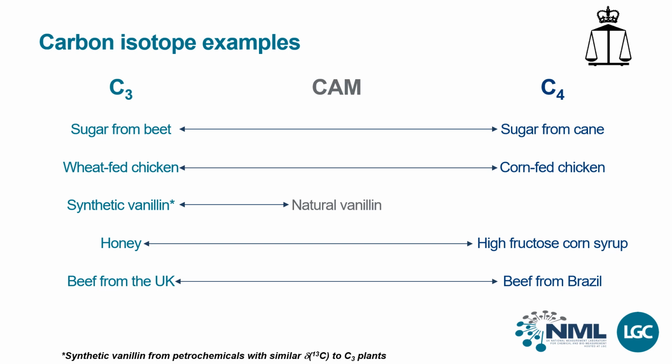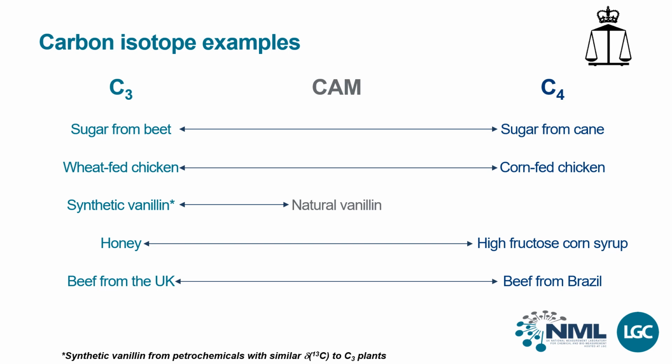We can discriminate between sugars from C3 sugar beet and C4 sugarcane using carbon isotope ratios, even if the sugars are chemically identical. Carbon isotope ratios are generally preserved between plants and animals that consume the plants, and we can use these differences to distinguish corn-fed and wheat-fed chicken.